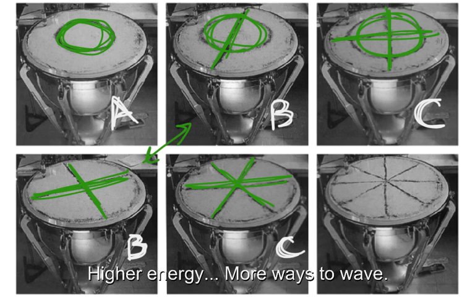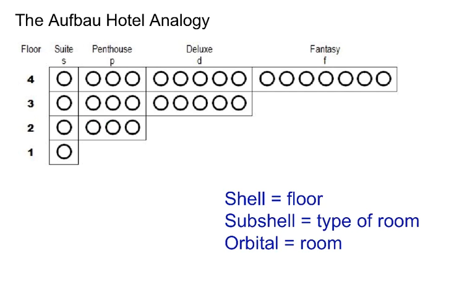And this last one here, we could call energy D. You can see that it has four different linear nodes. And there would be a lot more complicated patterns with circular nodes and linear nodes. But the idea is, the higher the energy, the more ways there are for this to wave. And that's going to happen with the hydrogen electrons.